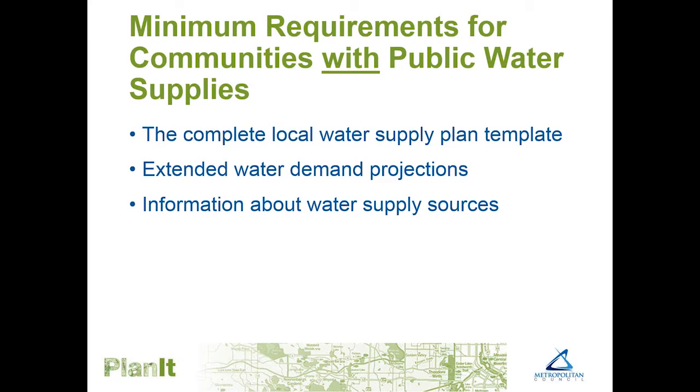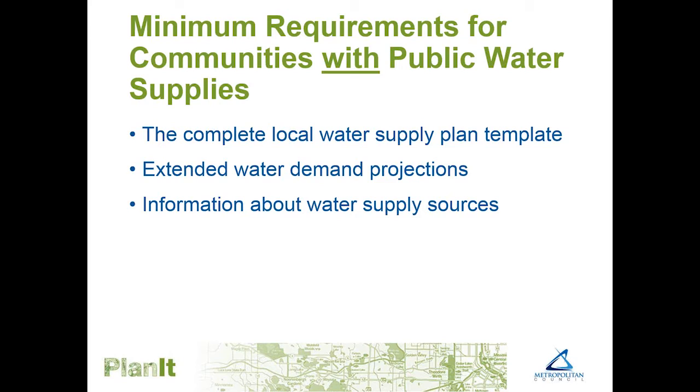Minimum requirements for those communities with municipal public water supplies include 1. Submitting the completed template through DNR's Permitting and Reporting System, MPARS. 2. Including extended water demand projections out to 2040 that are based on the population forecasts in your community's system statement. This information should be included in Table 7 of the Local Water Supply Plan template.